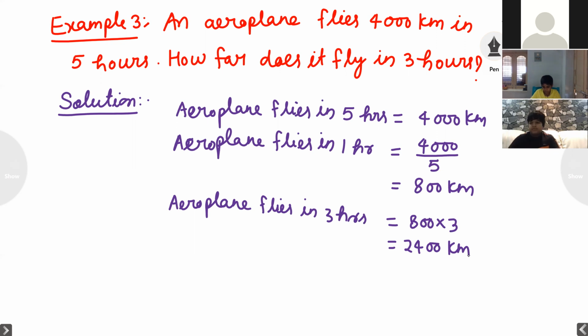In this question, he has given a reverse question. Firstly, he has given 5 hours airplane is flying 4,000 kilometer. We need to find out 1 hour. 5 to 1 is decreasing. We want to do division.